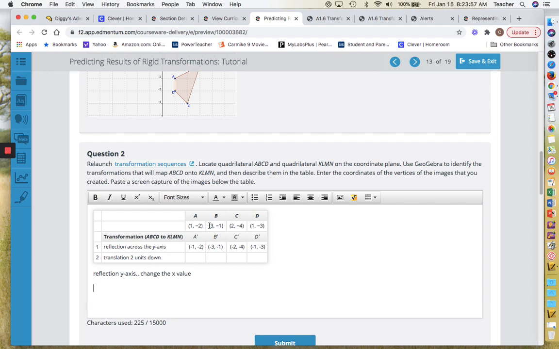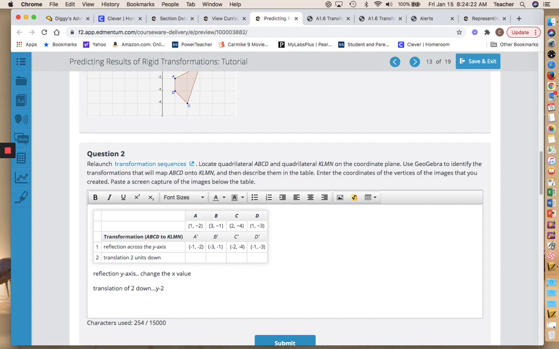Now I'm not translating the original figure, I'm translating the reflected one. All right, so translation of 2 down. So I don't know if you remember, but the cheat code is when you're moving down, you're changing the y value. So you're going to take the y value and you're going to subtract 2. You're subtracting because you're going in a downward motion.